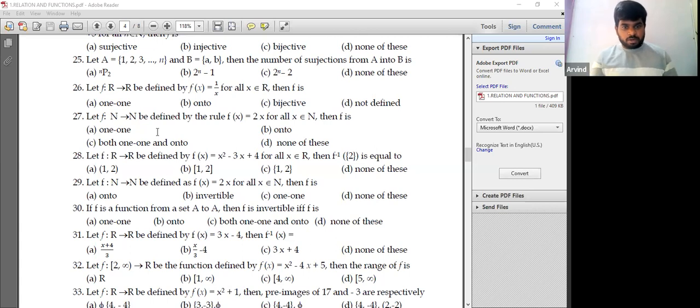Let's go to the 27th one. I guess I had stopped till the 27th one. So f is a function from N to N, natural numbers to natural numbers. It is given by the rule f of x equals 2x. Then you have to find whether f is one-one, onto, both, or none of these. So we know that f of x equals 2x is one-one. Yesterday I told you, if you want to prove one-one, what is the condition?